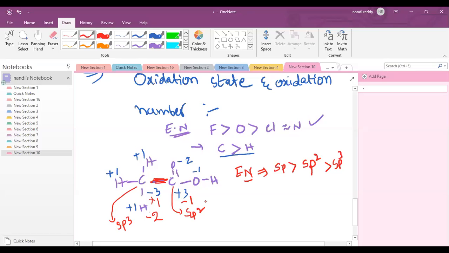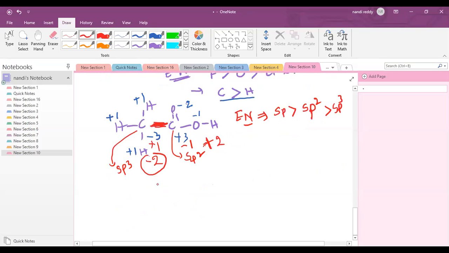Now check it. These are oxidation states, which I wrote as net charge, which I am underlining. This is the carbon oxidation state, and this is the other carbon oxidation state. So I need to calculate the oxidation number. This is the average of oxidation states.